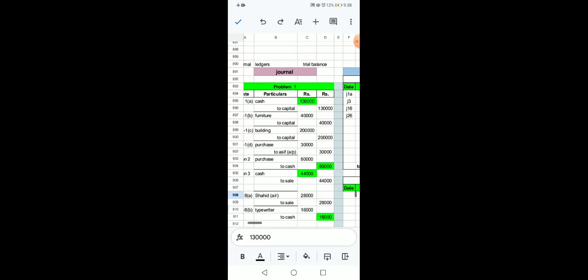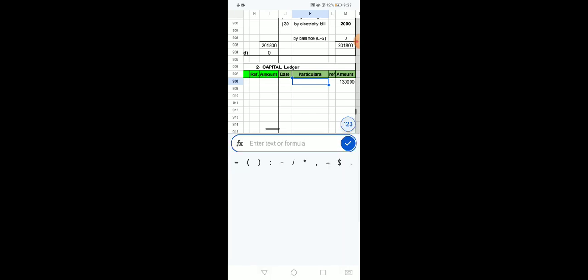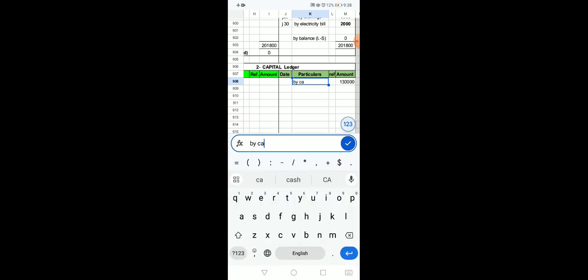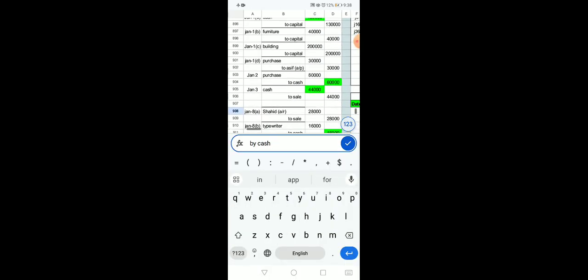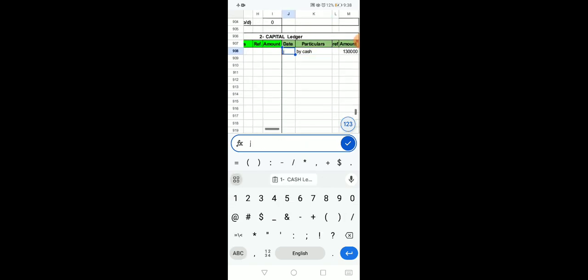We have posted capital. What is written on the opposite side? Cash. So this cash will be used as reference with an additional word of 'by'. See its date. First entry January 1 A. So you will put J1A. This is the date we are mentioning over here.